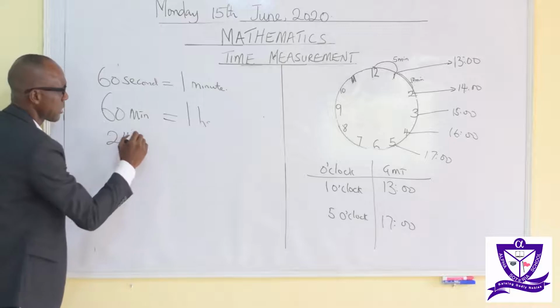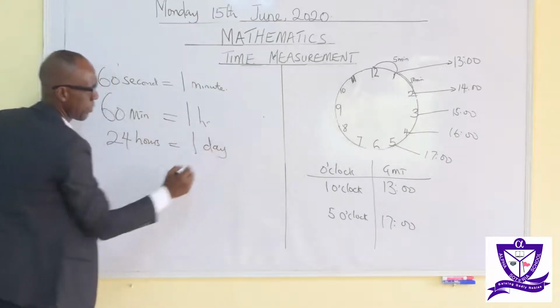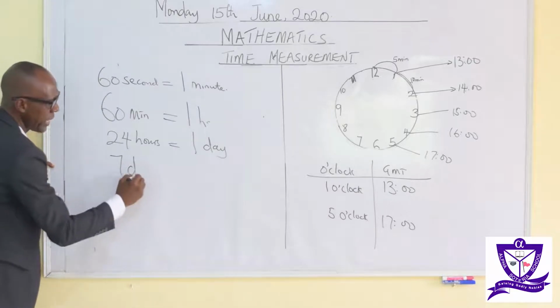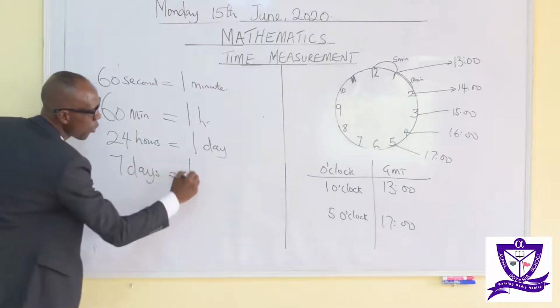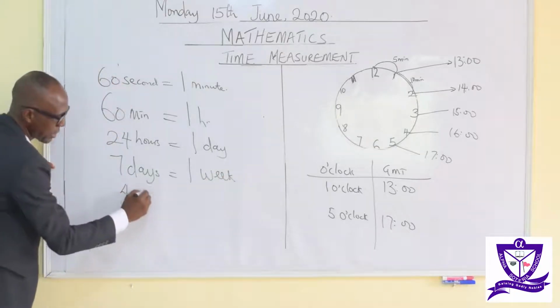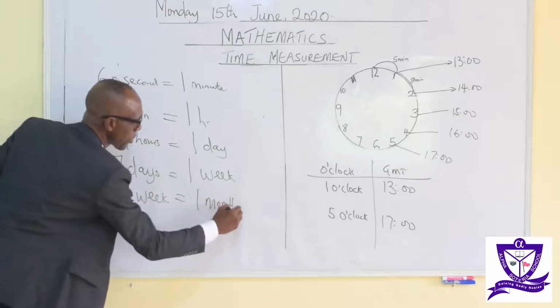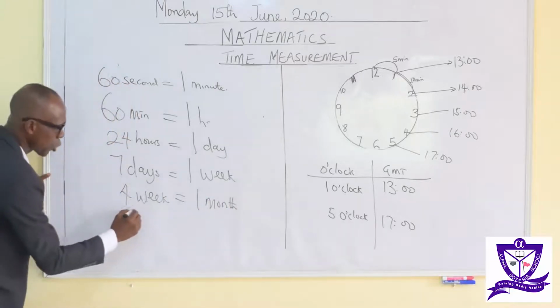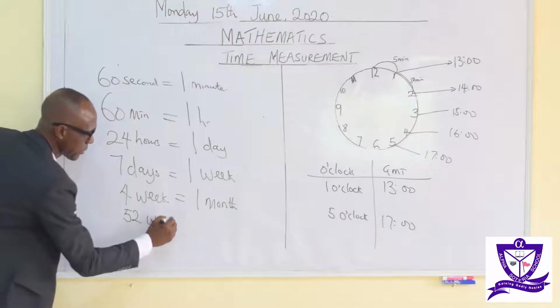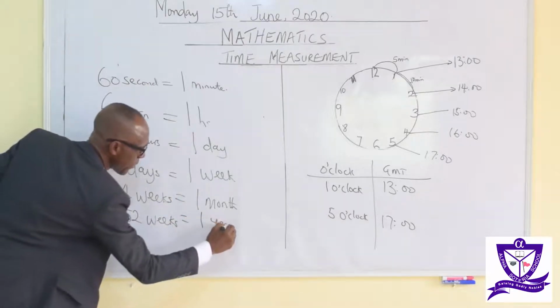24 hours make 1 day. 7 days make 1 week. 4 weeks make 1 month. 52 weeks also is 1 year.